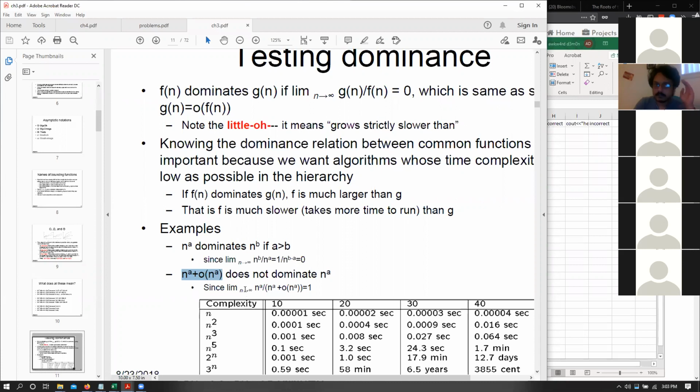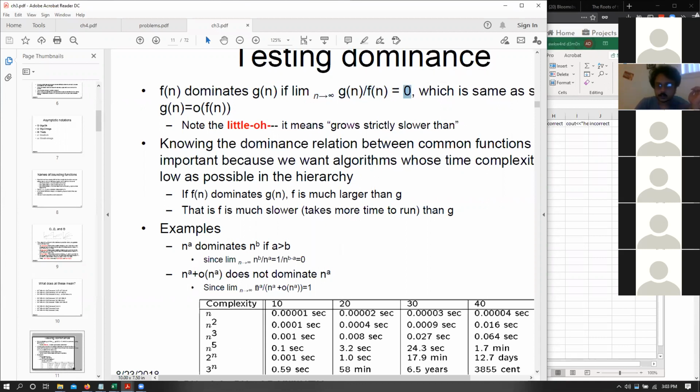Because when we have little o, remember, little o is only guaranteed when our little o function f of n grows much larger than our current function g of n. So our limit should always tend to 0, where g of n is the function in question here, and f of n is what we are approximating this function with. So if f of n grows much, much larger than g of n, then the limit when n tends to infinity will be 0, right?